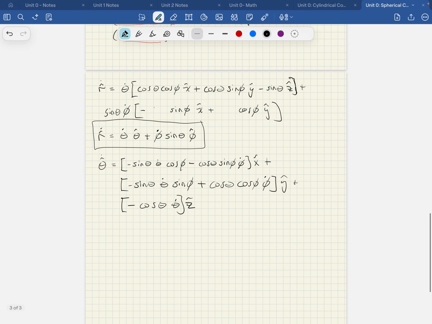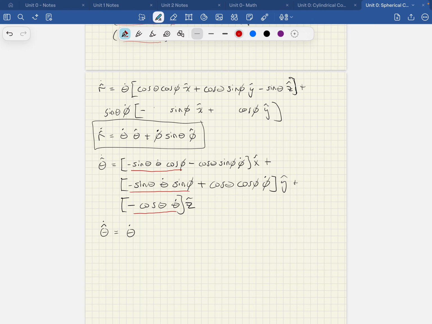Okay, and like we did before, we're going to collect these terms in terms of theta dot and phi dot. So this is going to be equal to theta dot times, well, can we do this in our heads? So the terms we're looking at for theta dot are this term, and this term.